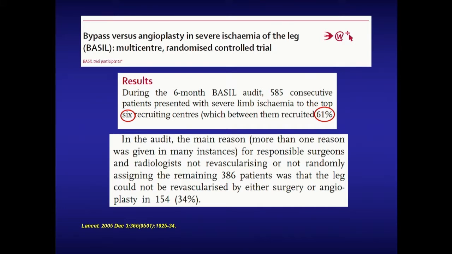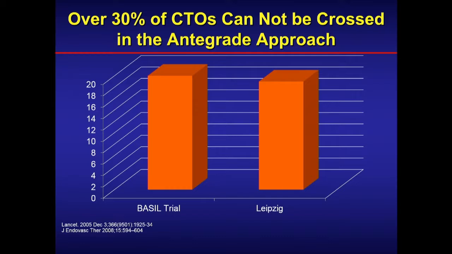Among those patients, 34% were excluded because it was felt that they could not be treated. Amongst the rest of the patients, 20% could not be crossed in an antegrade fashion. So right there, I think I can really stop.